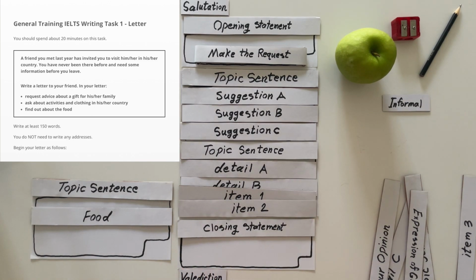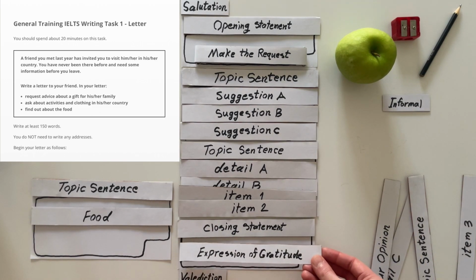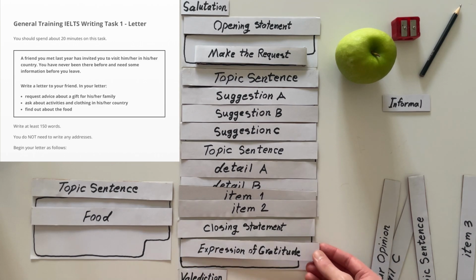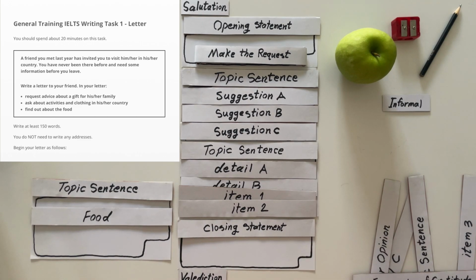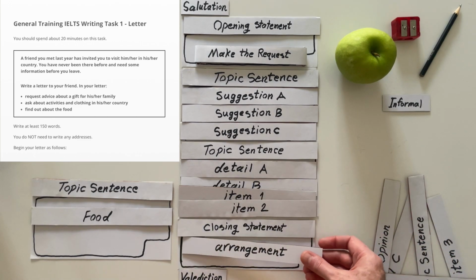And in the end, you just need a sentence by saying, I can't wait to see you. If you want to thank her, you can thank her. If it's not that scenario, and in your letter you don't need to thank her, you can just simply say that I can't wait to see you.